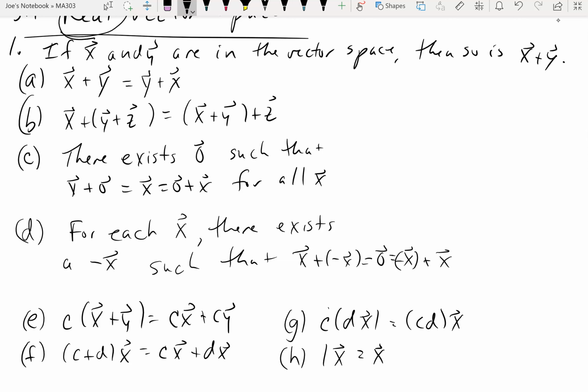However, these are vectors. This plus sign means however the vector addition is defined. This one's not redefined, this is regular old real number addition, but this one might be redefined. It's adding 2 different objects together. So even though to check it, all you're doing is plugging into a formula, what you're really doing is saying, however we've defined our vector addition, is it compatible with real number addition?